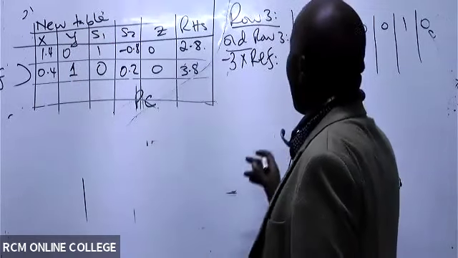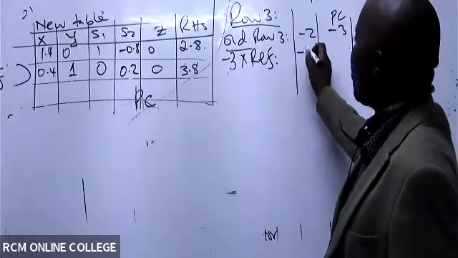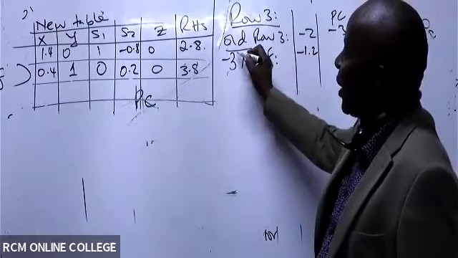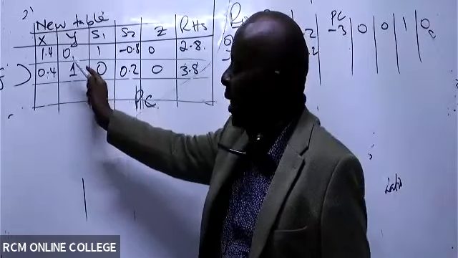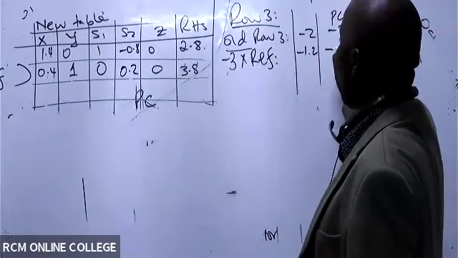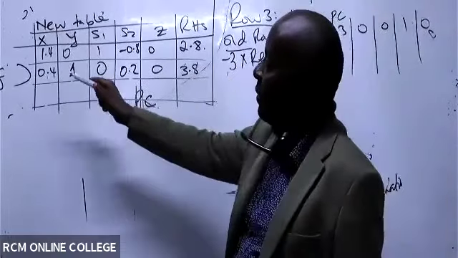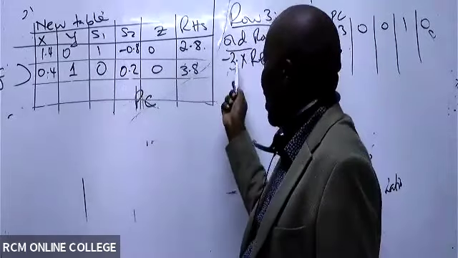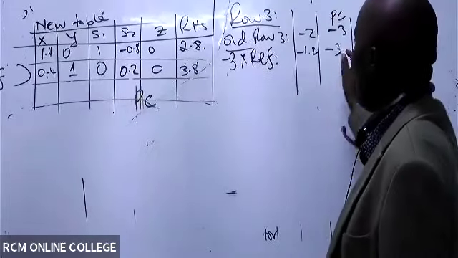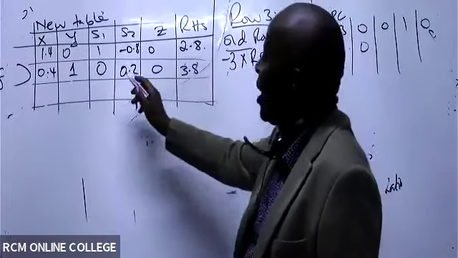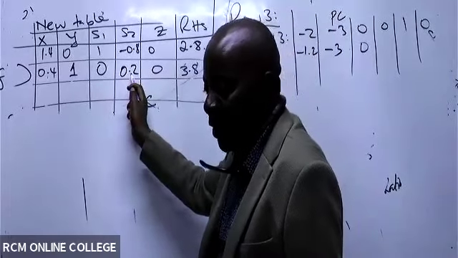So the first one I'm being told is minus 1.2 because they have taken minus 3 times 0.4, the reference. The second one will be minus 3 times 0, which is 0. And then we have minus 3 times 0.2.